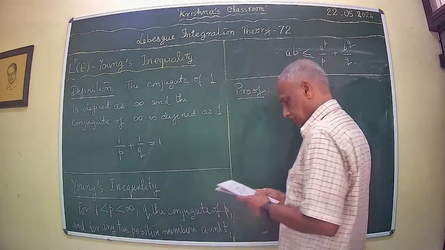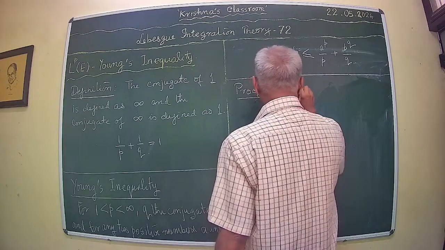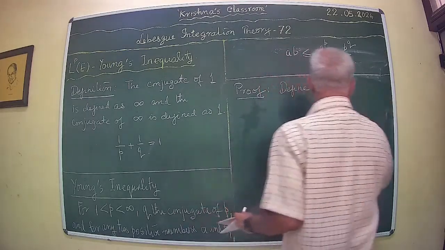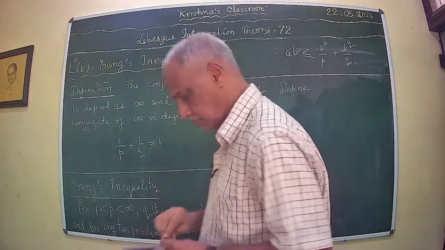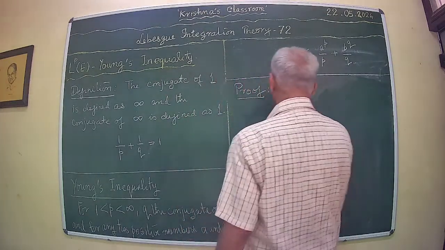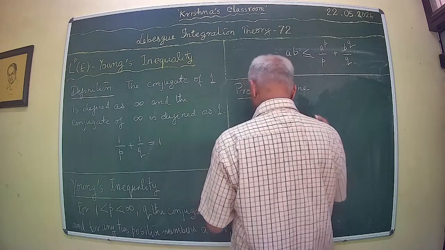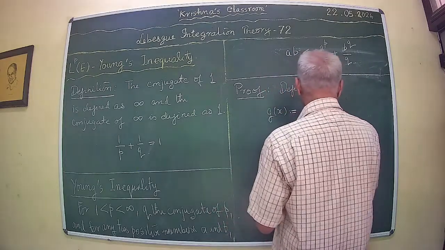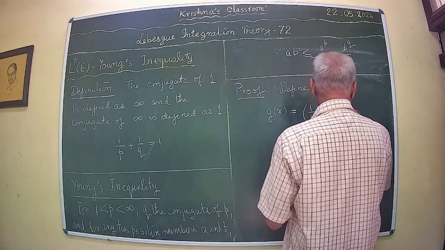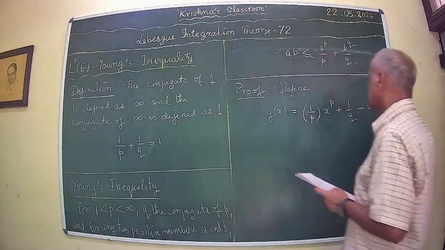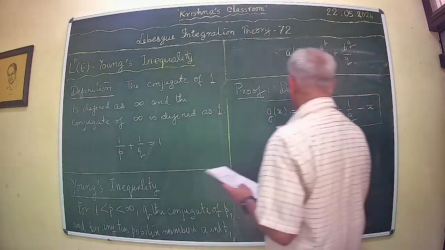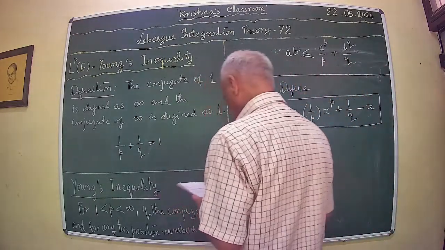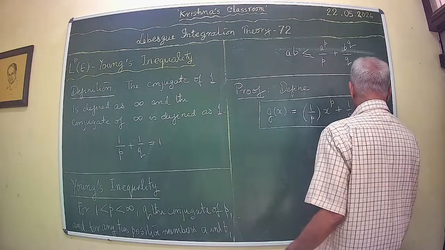So we define the function f(x), where p, q, etc. are as we have defined. Now this we define for x positive.